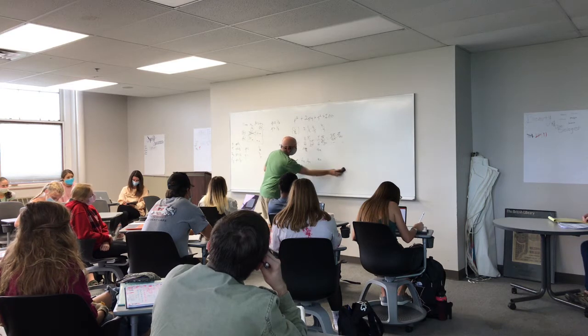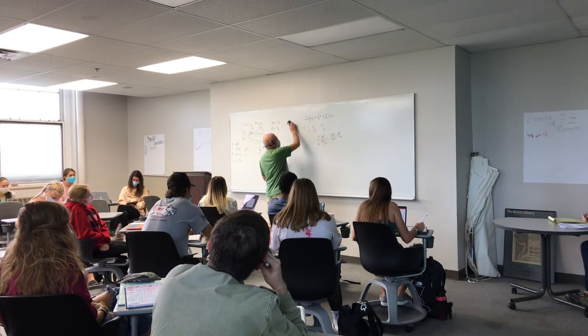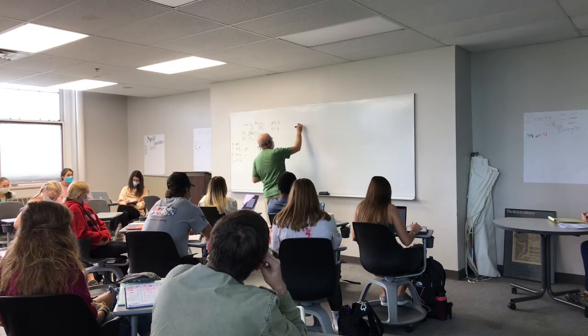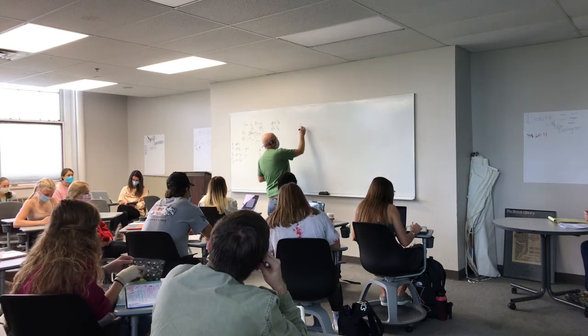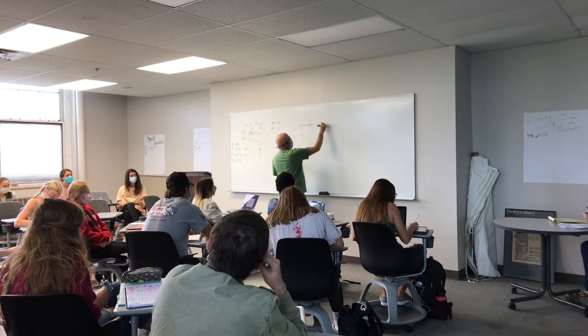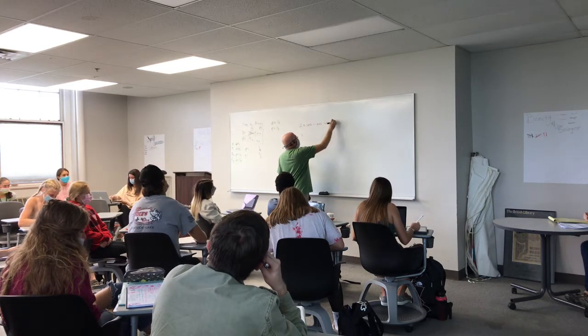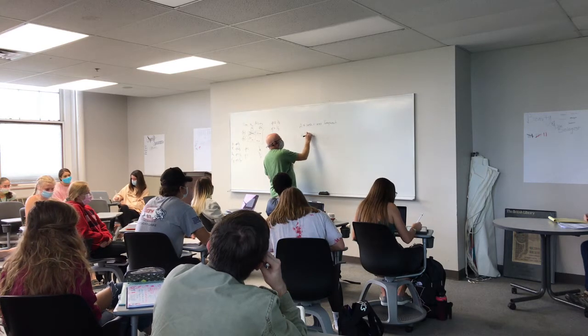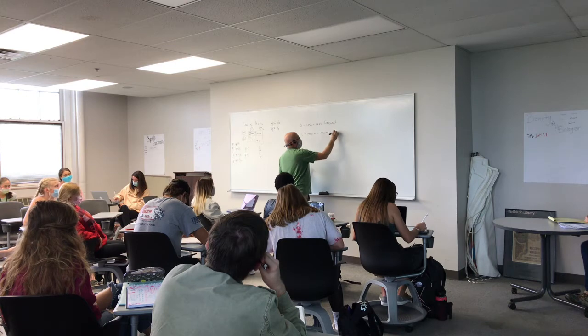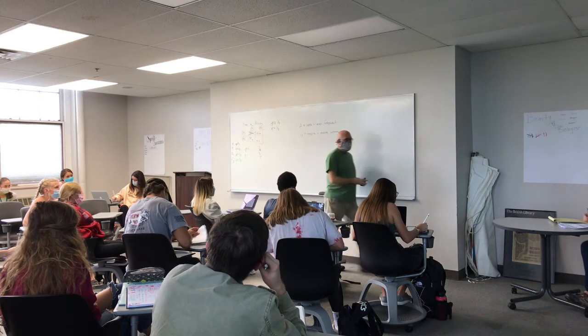Over time, what do you think is going to happen to the big A allele and the little a allele? Yeah, this becomes less and less frequent. And this becomes more and more common. Until what happens?